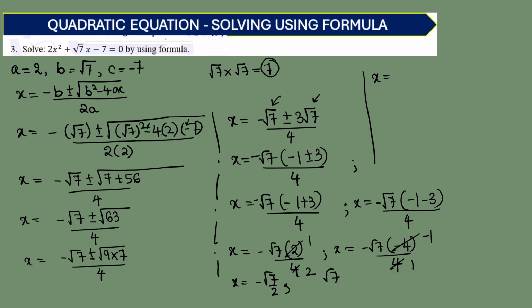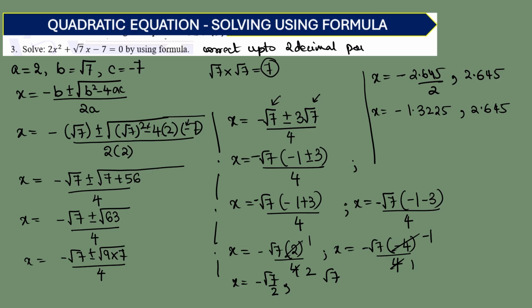So x is minus 2.645 upon 2, or it is 2.645. So x is equal to minus 1.3225 or 2.645. Now they might say that write the answer correct up to 2 decimal points.